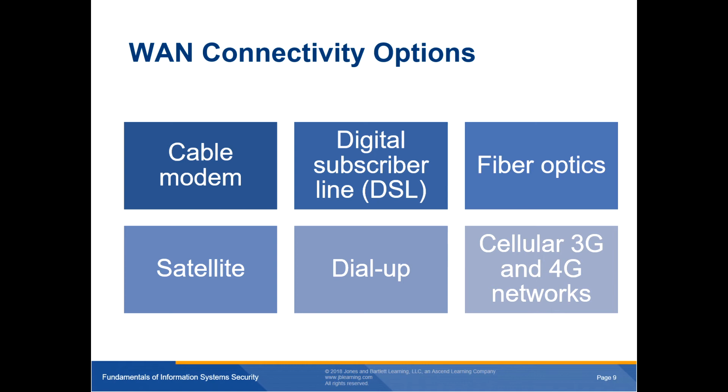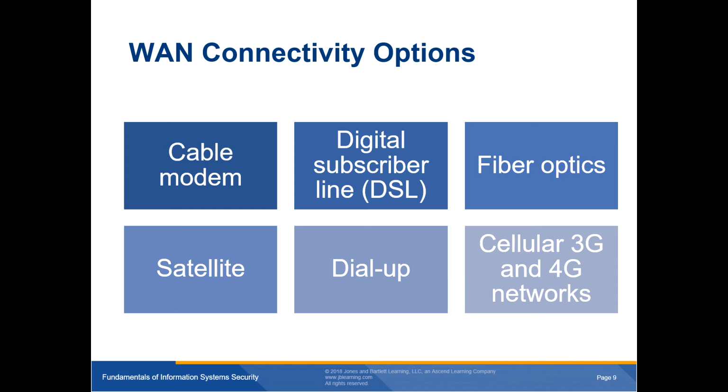Some wide area network connectivity options: cable modem, a lot of us use that in our homes. Digital subscriber line, DSL, from the telephone company is hardly used anymore due to the speed and availability of broadband fiber optics, which of course is the next connectivity option. Satellite is used a lot to get data from one part of the country to another or one continent to another.